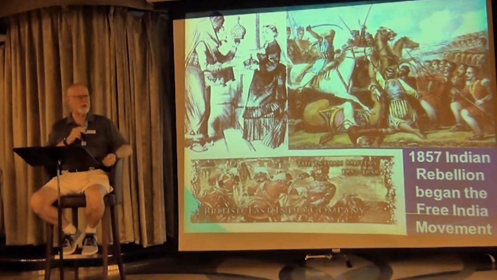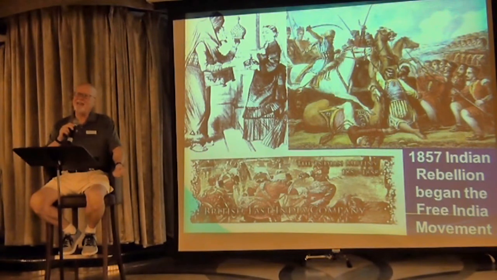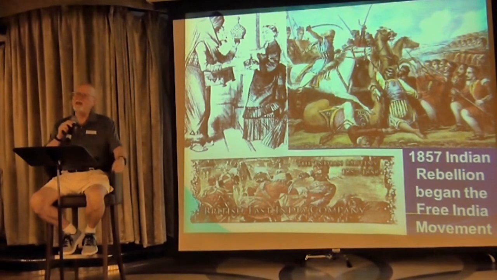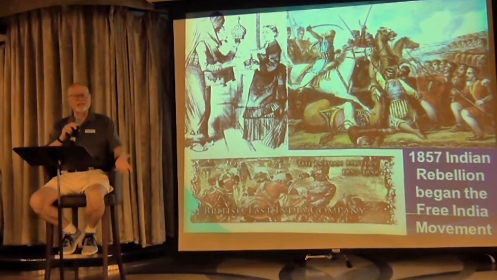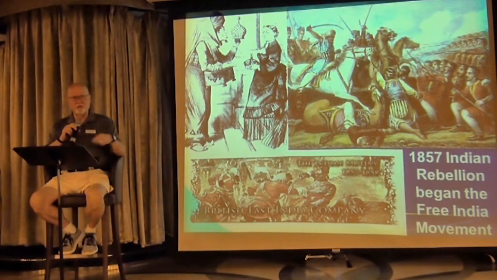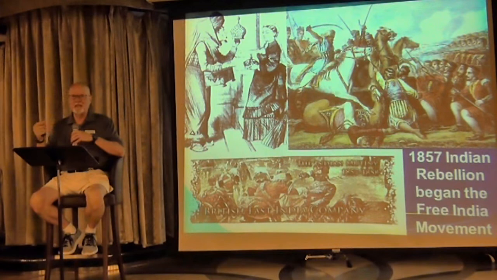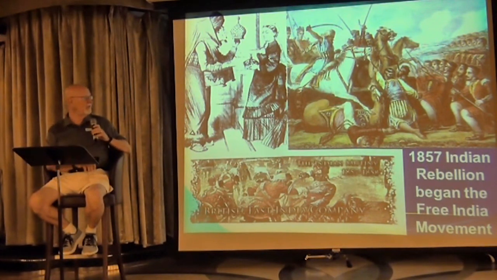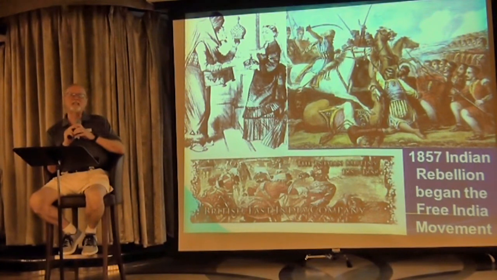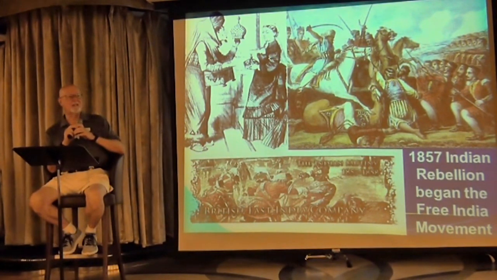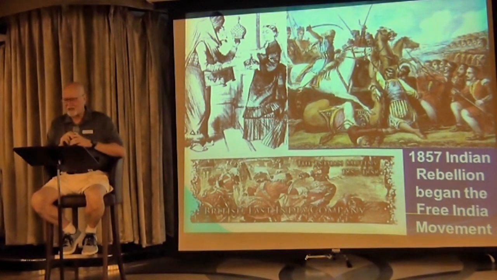Obviously, there had been a lot of frustrations before, or we would not have had things like the 1820 rebellion in Bengal and the 1857 rebellion throughout much of northern India. But this was the start of the independence movement, or the Free India movement. And from 1857, as we talked yesterday, in 1876, Benjamin Disraeli, the Prime Minister of England, passed legislation to make Queen Victoria the Empress of India.